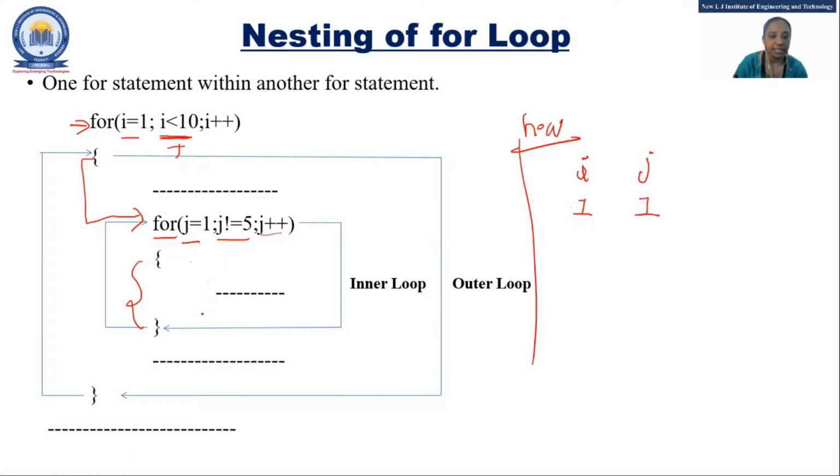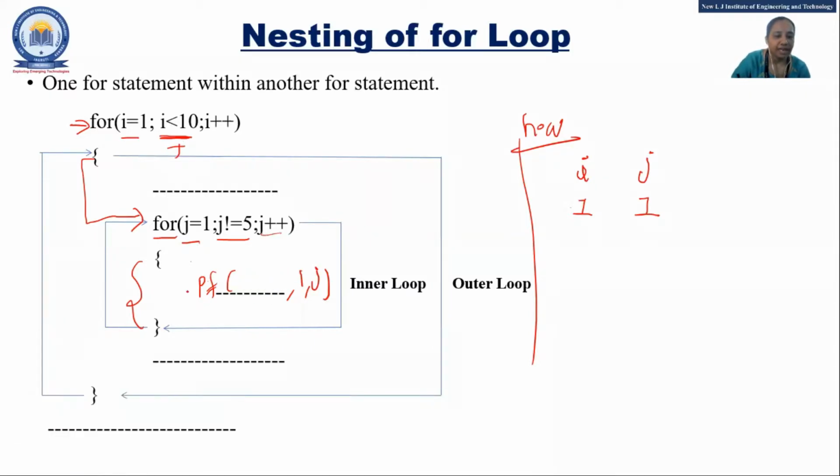Here you see there is nothing written, so that's fine. We will just write the i and j values so it will be clear to you. So j equal to 1, yes, it will execute the body of the loop, but nothing is written in the body. Suppose I write printf percentage d, percentage d, i, j.